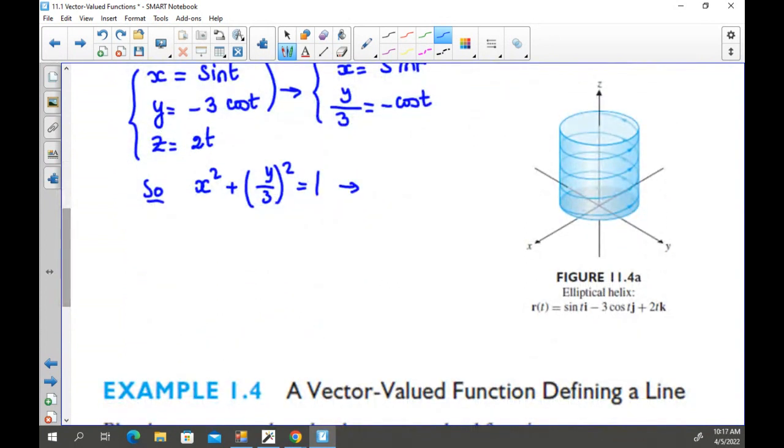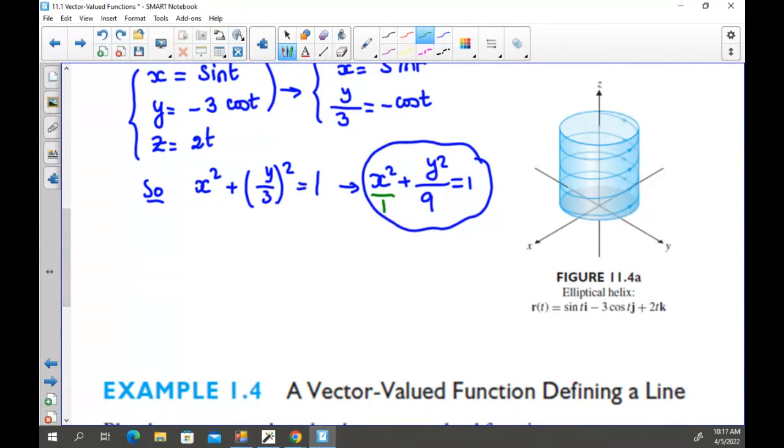So we're getting x squared plus y squared over 9 equal to 1. Now, what shape is this? Again, it's an ellipse. It's an ellipse in the xy plane.